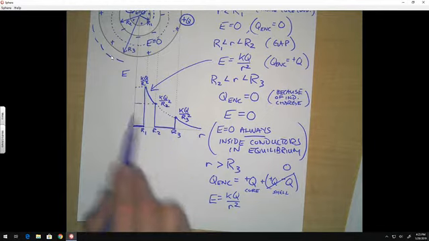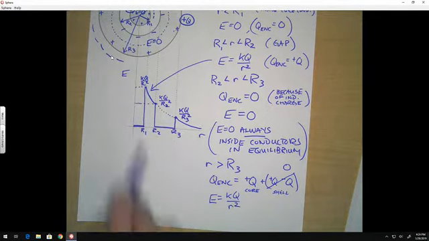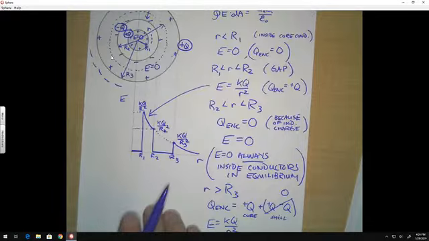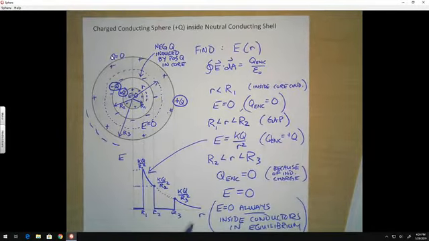You're missing chunks wherever there's a conductor. Otherwise, the electric field is just trying to do its job and just do a KQ over R squared type of a thing. So that is the solution to the problem of the charge conducting shell. And this is a great AP level question where you might be asked to justify and graph electric fields in and around this type of arrangement.